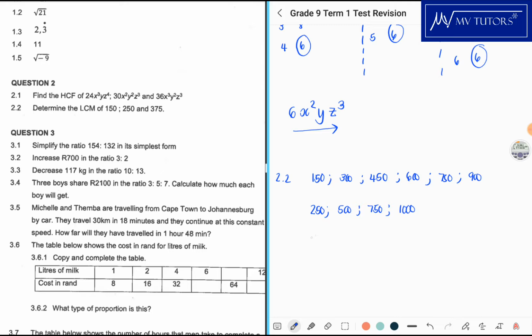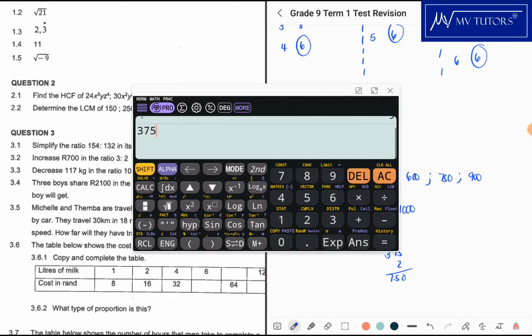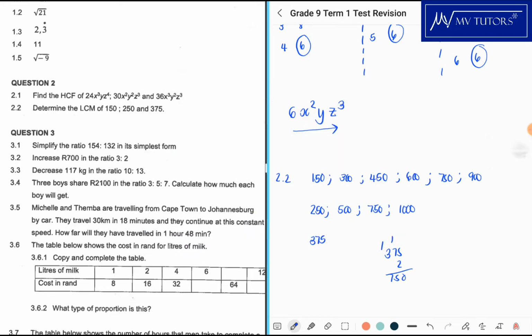375 will actually tell me if I should go further. So what is 375 times 2? Guys, you can use your calculator. I also have mine out. Okay, so we have 750. Let's just make sure. Yeah, we have 750. So we have 375 and 750.